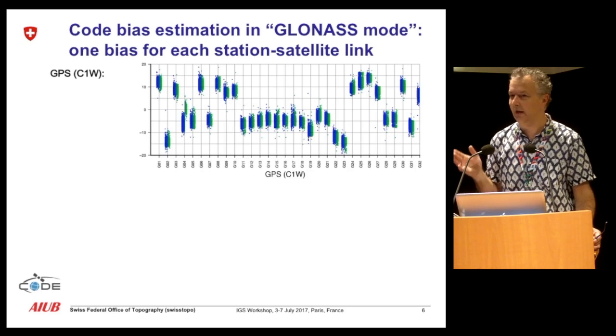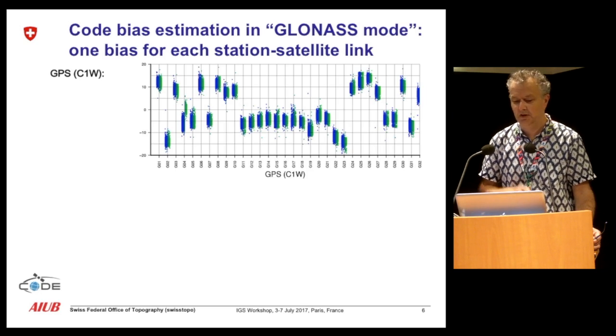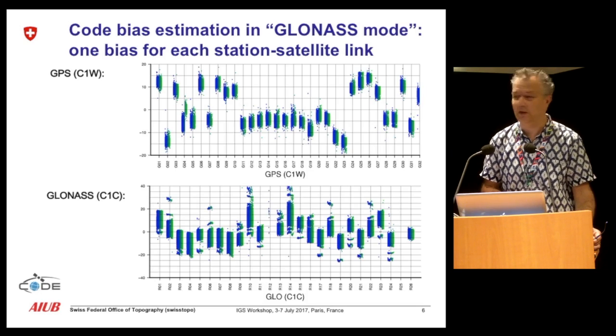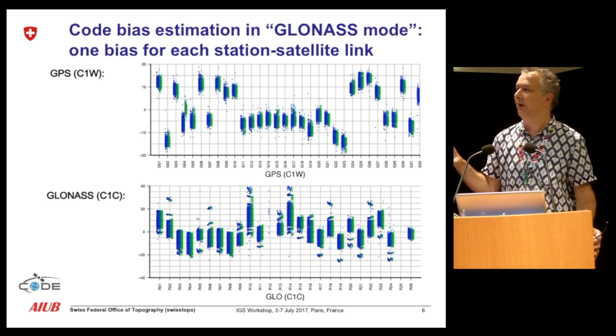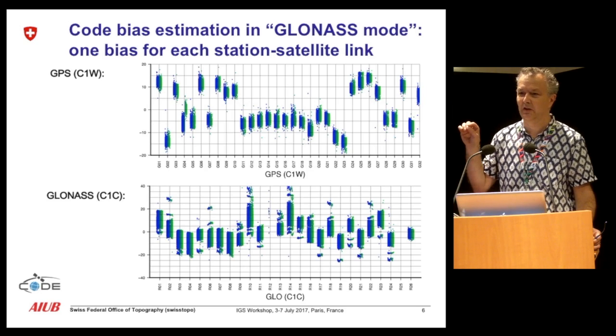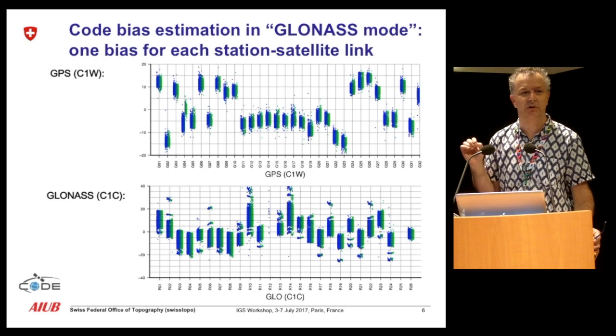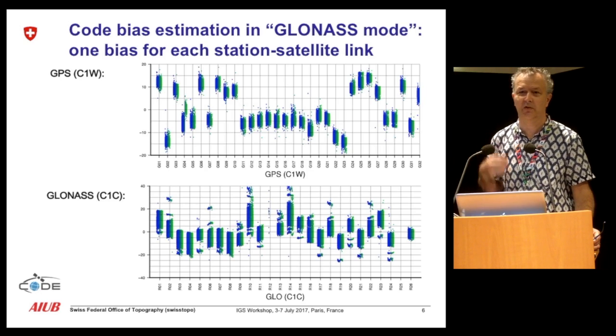And this somehow legitimizes that we can separate the biases into a satellite component and a receiver component. Interesting is when we do this for GLONASS, there is commonly a wider spread, but this somehow shows that for a zero-order correction we also can produce satellite-specific and receiver-specific corrections to the user. And the nice thing is we can do this transformation on the normal equation level.